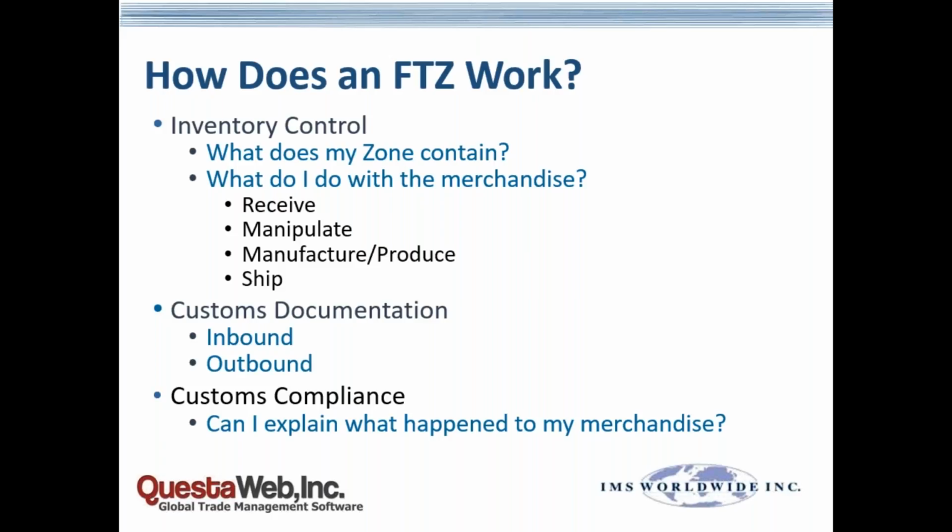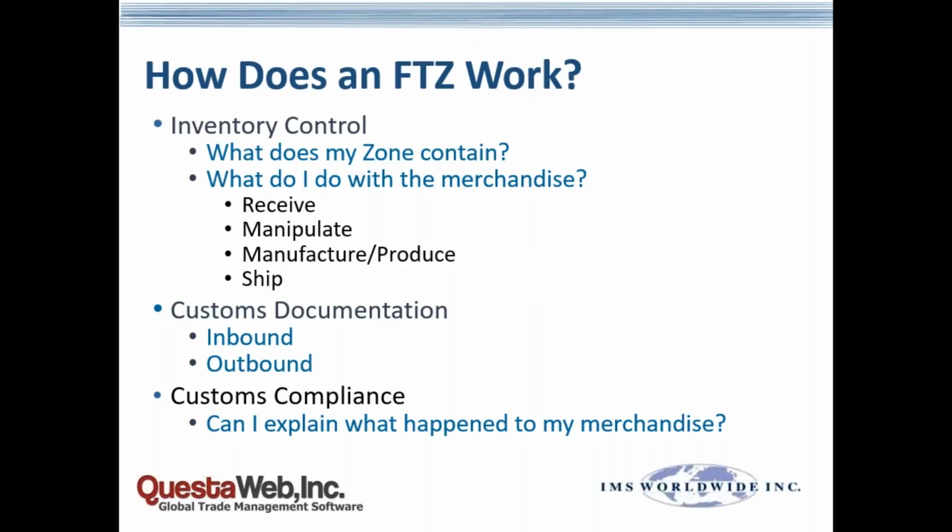Am I manipulating enough of the merchandise so that it changes its status or changes its tariff classification so that I would then qualify for a manufacturing or a production operation? And the inventory control system has to be able to track what you do with merchandise, no matter what activities you undertake in a foreign trade zone.